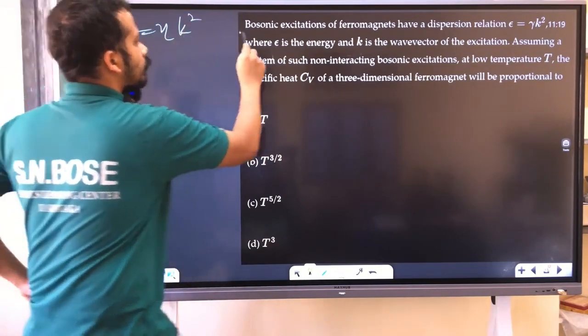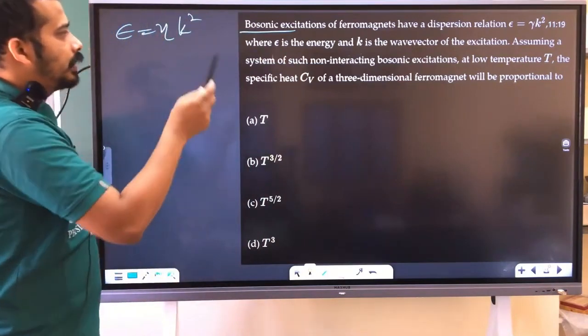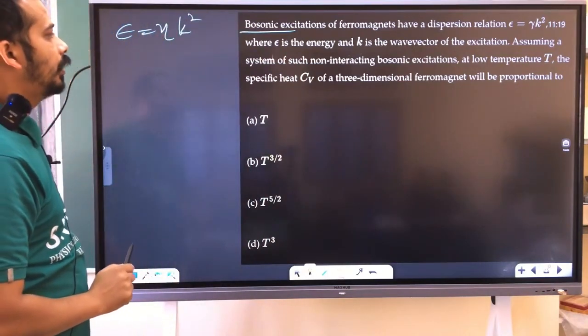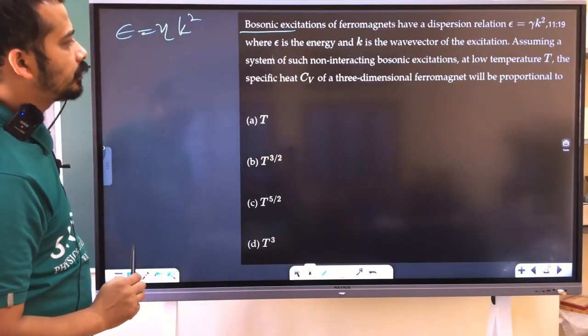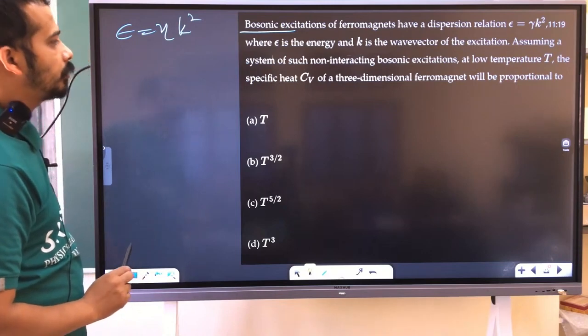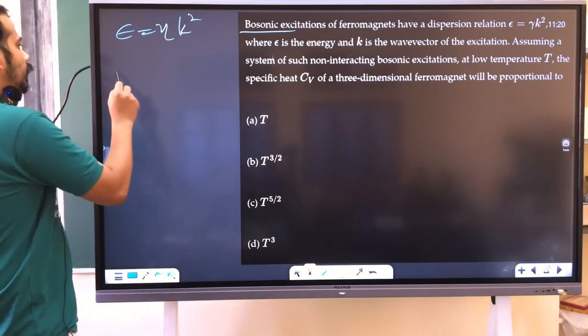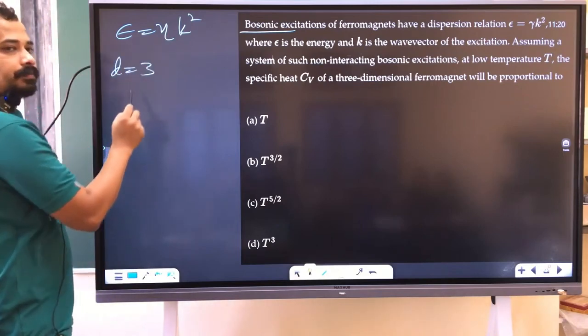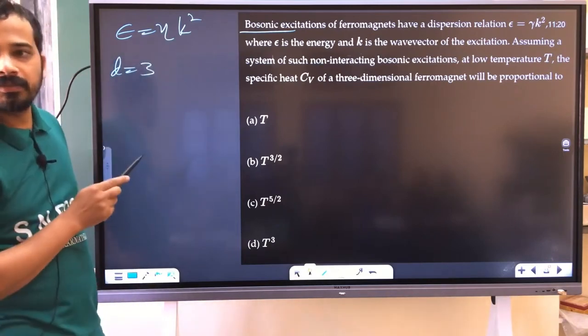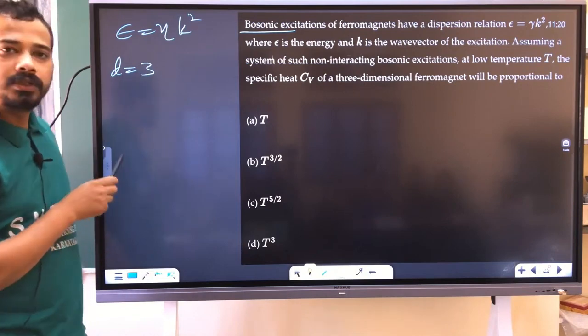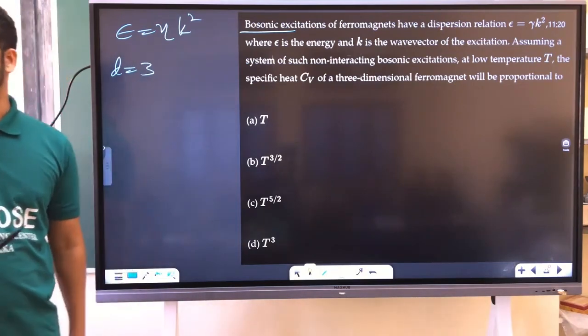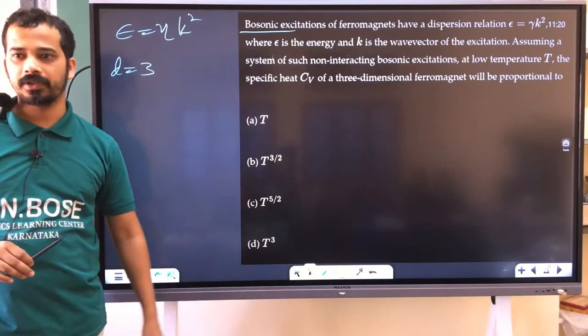This is a bosonic excitation, where E is the energy and k is the wave vector. Assuming a system of such non-interacting bosonic excitations at low temperature T, find the specific heat of a three-dimensional ferromagnet. So D is equal to 3. The thing that he didn't mention is that bosonic means mu equal to 0. You should take mu equal to 0.